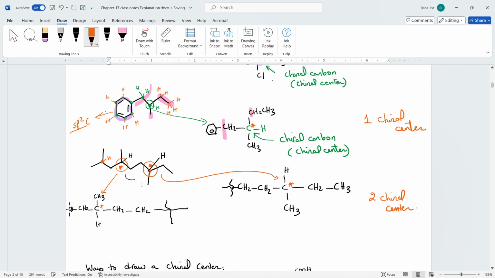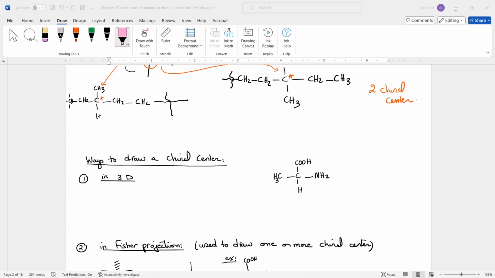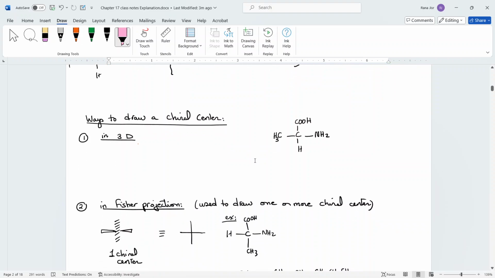Guys, to represent the chiral centers, we simply represent them by an asterisk on where the chiral center is. There are different ways in order to represent a chiral center or a chiral molecule. The first way is simply to draw it in a 3D structure.